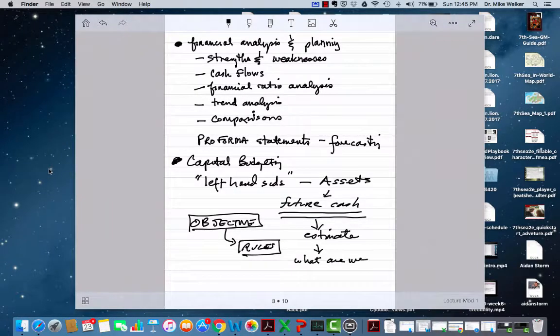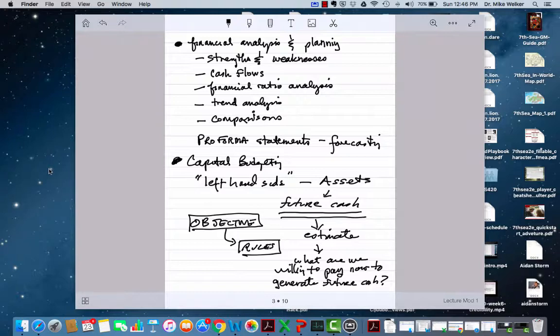What are we willing to pay now to generate future cash flows? This is the old adage, to make money, you have to have money.